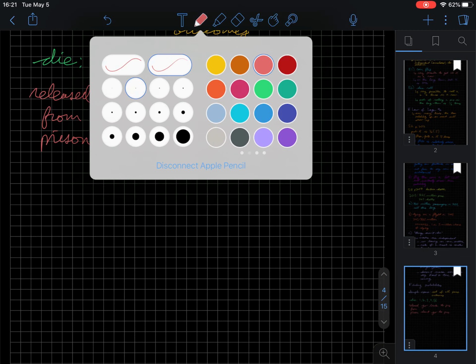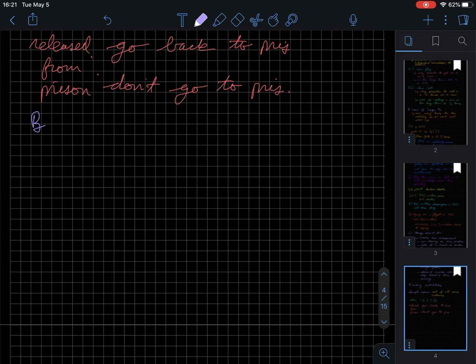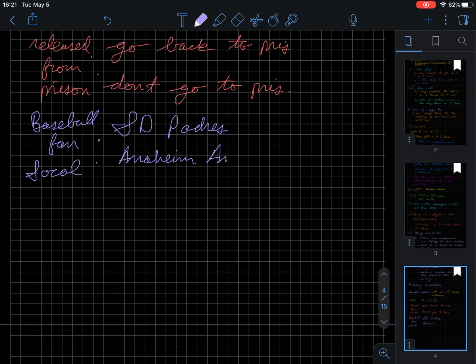If we look at the example that I have in the notes, we have baseball fan membership in SoCal. You're either going to be a San Diego Padres fan, an Anaheim Angels fan, or an LA Dodgers fan.